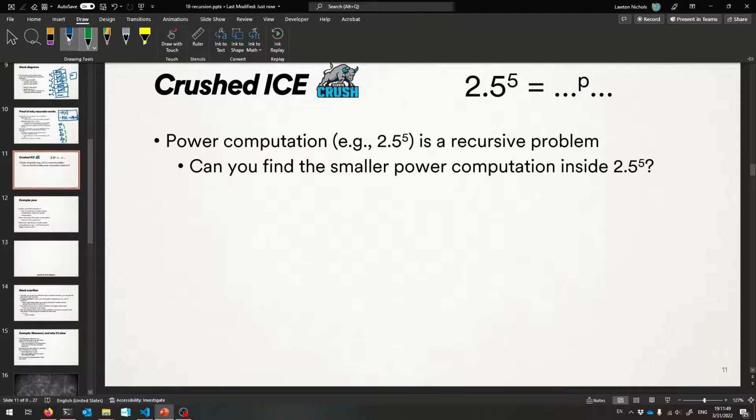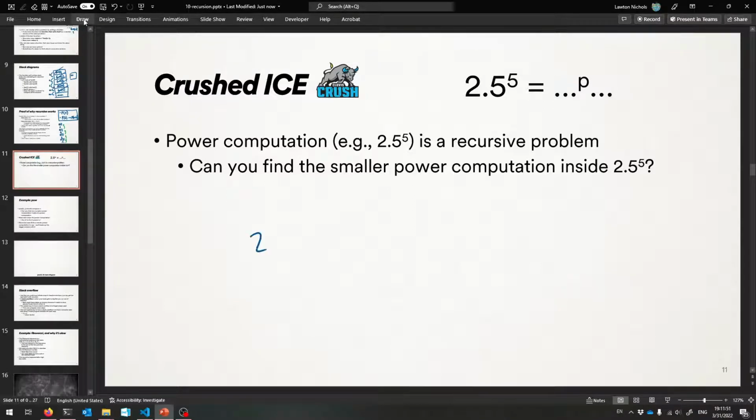Did you see it? The idea is to always write it out. What's 2.5 to the 5 for this silly example? Well, that's 2.5 times 2.5 times 2.5 times 2.5 times 2.5, right? Do you see a smaller power computation?